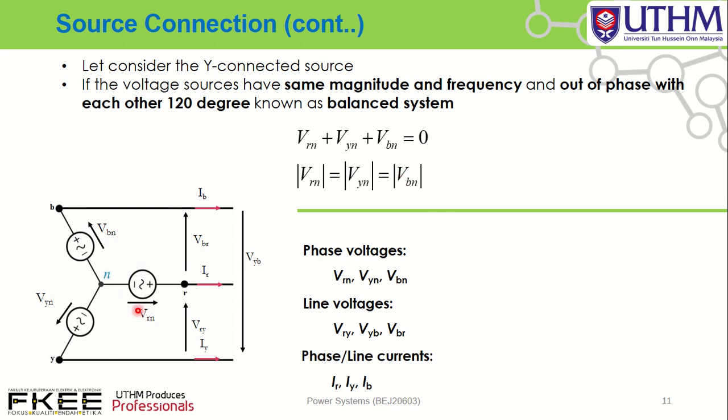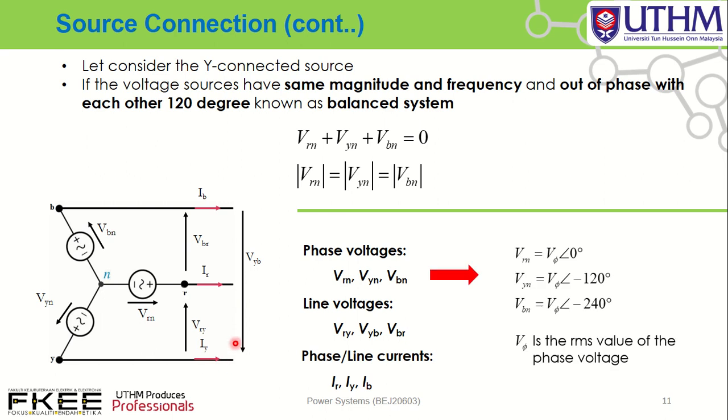The voltage between line and neutral, like VYN, we call a phase voltage. Line voltage is between two lines, VRY, VBR, and VYB. And this is a line current.